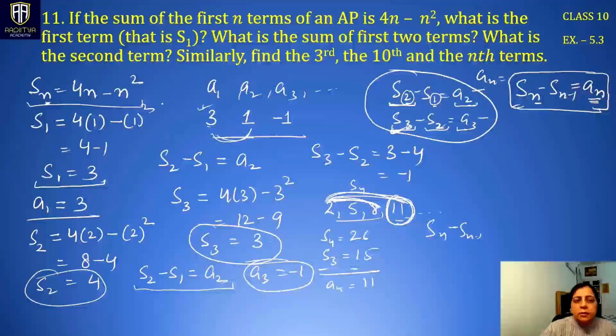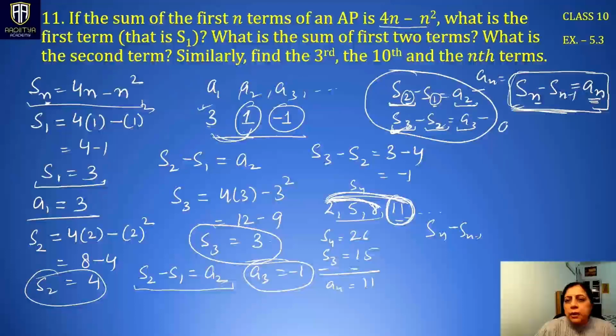So what is the second term? The second term we had found, A2, is 1. What is the third term? This is minus 1. And now we have developed this formula so we can find any term in the given sequence. The 10th term and the nth term. The nth term in generalized form is this. Now I have to find it according to this.